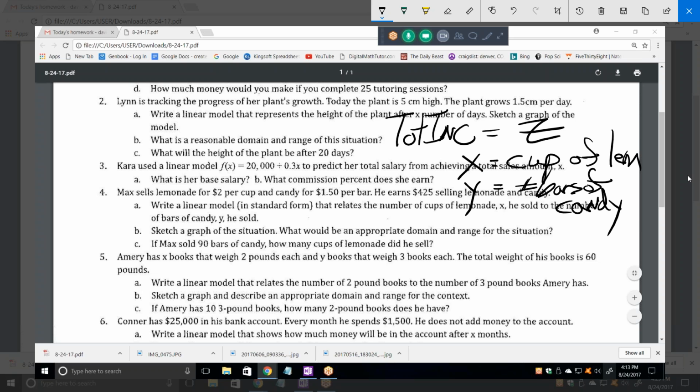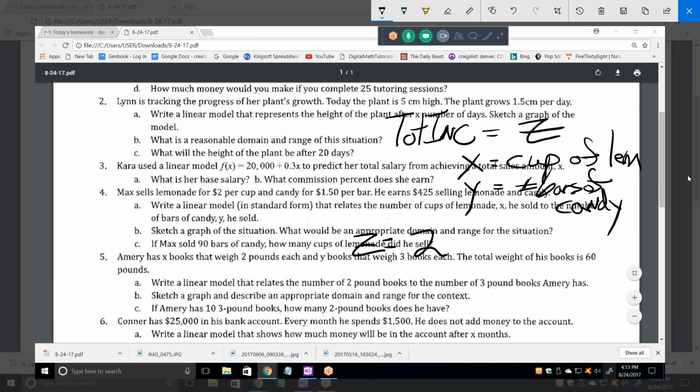Okay. So, what's total income? What is Z going to be? If you make $2 per cup of lemonade and $1.50 per bar of candy, well then what do you total? What's your equation going to be? Z is your total income.